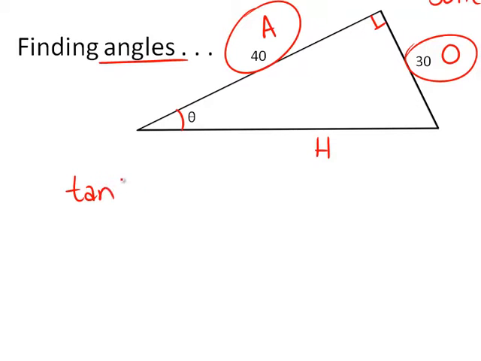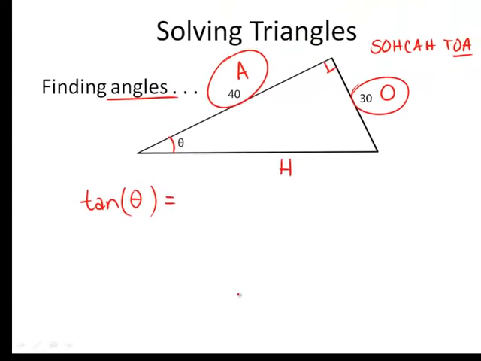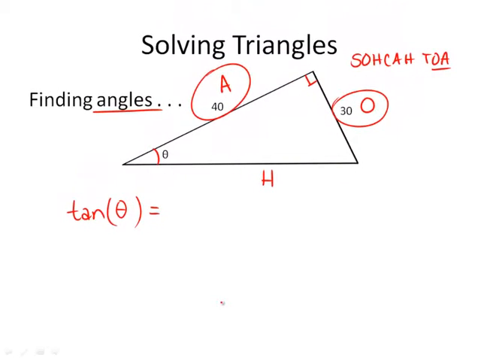So we would have the tangent of some angle, which we don't know and is called the Greek letter theta, is equal to the opposite over the adjacent. In this case, our opposite is 30 and our adjacent is 40. So we know that the tangent of some angle is going to give us 3/4. But we don't know what that angle is.